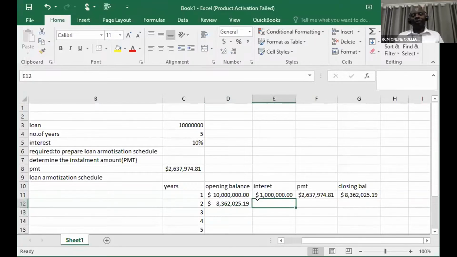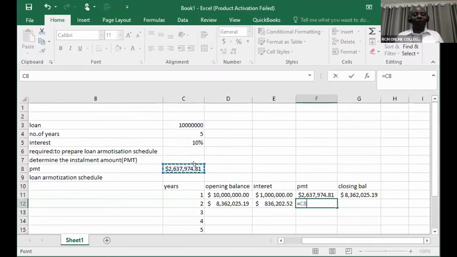Go to the interest of year 2. Say equals. You pick the opening year times the rate of interest. What do you know about the rate of interest? 10%. It has to be done what year? F4. Thank you very much. Go to payment. So payment, you know you're picking it from there, and it has to be F4 because payment will always be constant. Now go to closing balance.